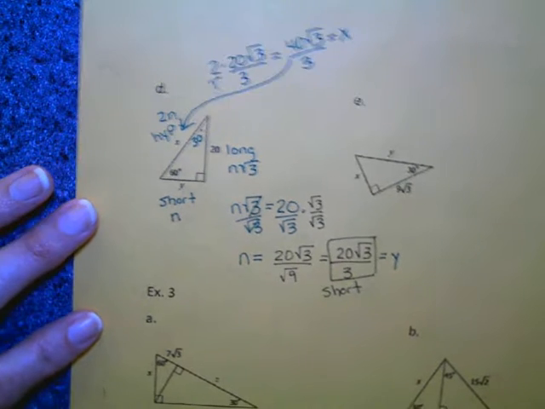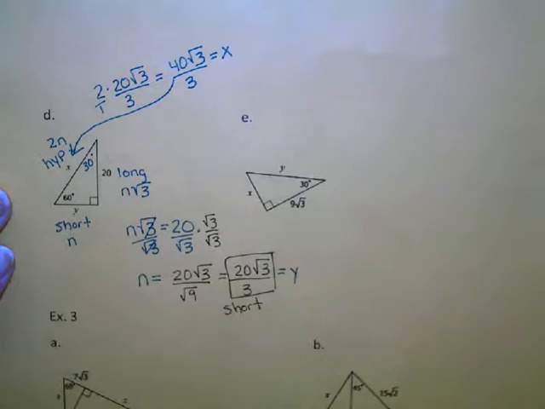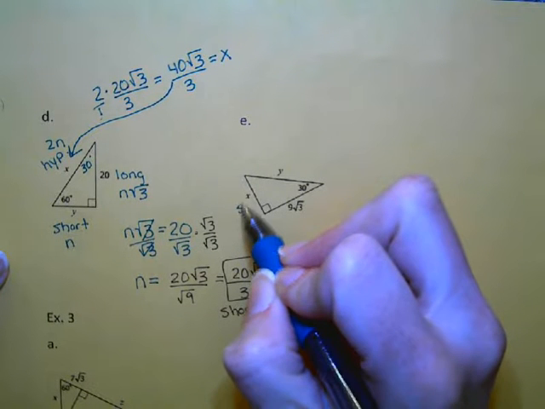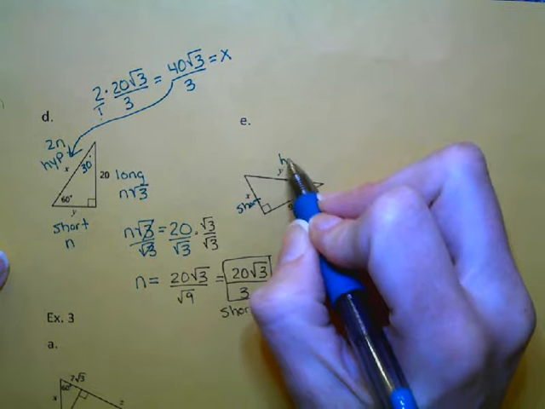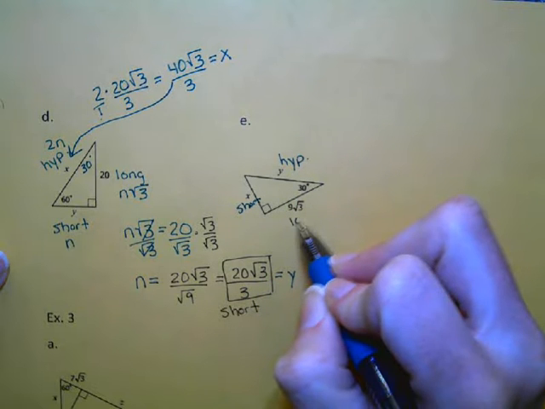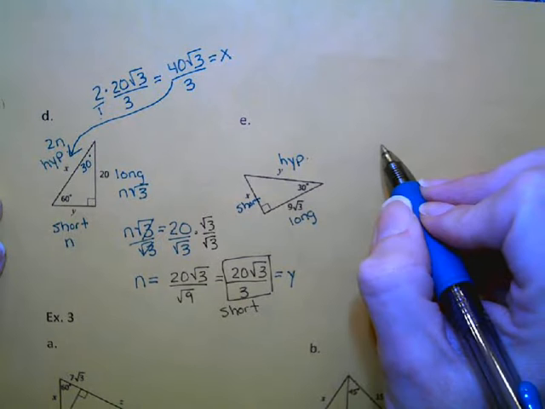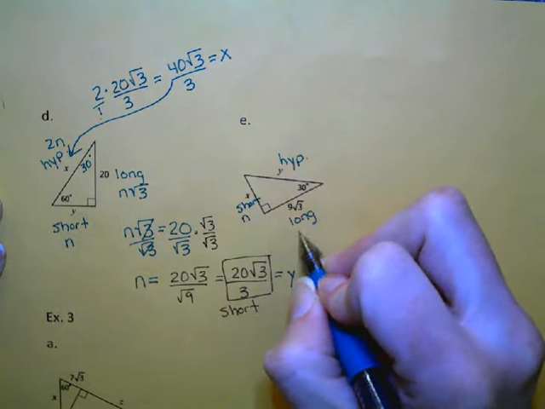Alright, one more like these. Identify what we have. The short leg is the x, hypotenuse is the y, and the long leg is the 9 square root of 3. So, if we put n square root of 3, and 2n.